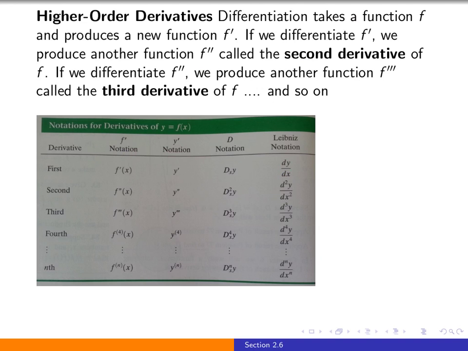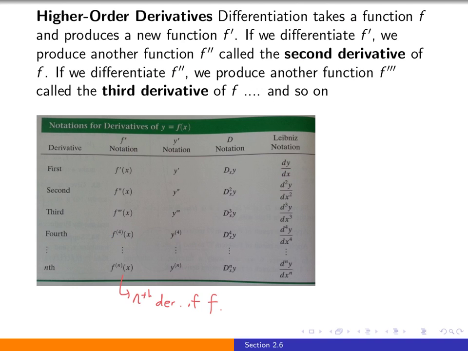So at the fourth derivative, we start putting, instead of primes, in parentheses, the number of derivatives we have. So f superscript (n) of x is just a fancy way of saying the nth derivative of f, where n here is any number larger than or equal to 4.